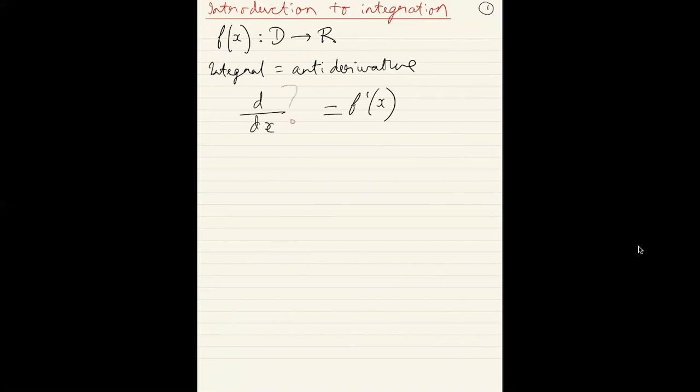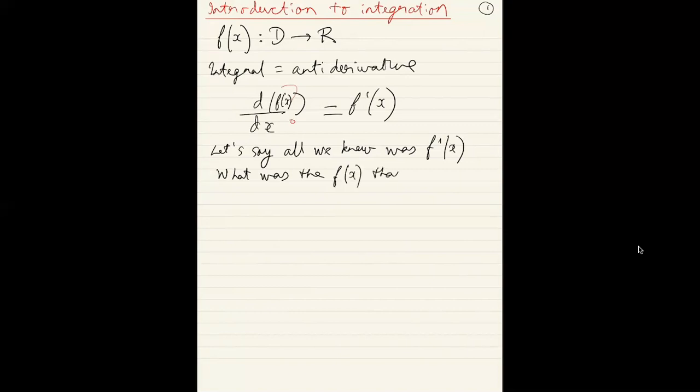So we know here it has to be some f of x, but let's say we did not know this f of x. Let's say all we knew was f prime of x. What was the f of x that led to it?